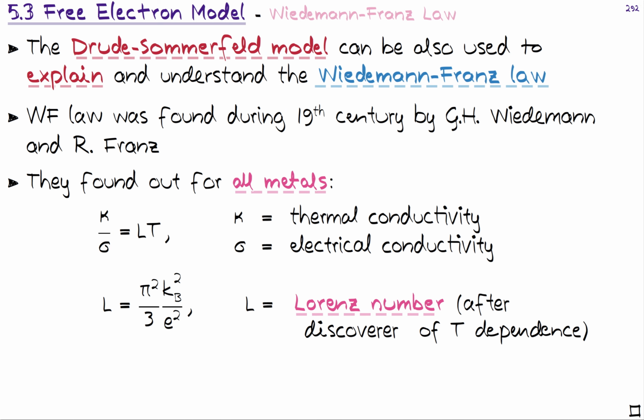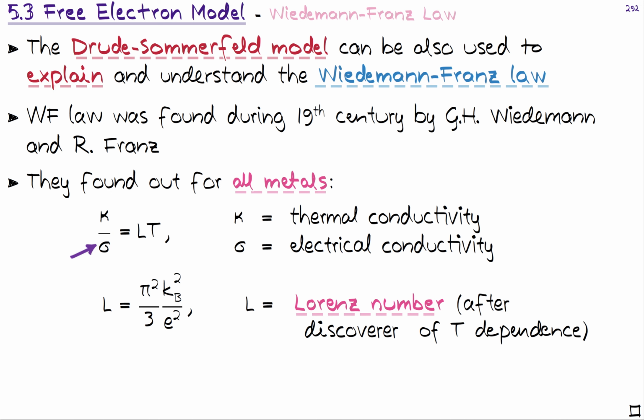It's an empirical law. And the nice thing is that it really relates the thermal conductivities with the electrical conductivities. Essentially, for example, it tells us that if we have a metal at a given temperature, and we know the electrical conductivity, we could estimate its thermal conductivity.